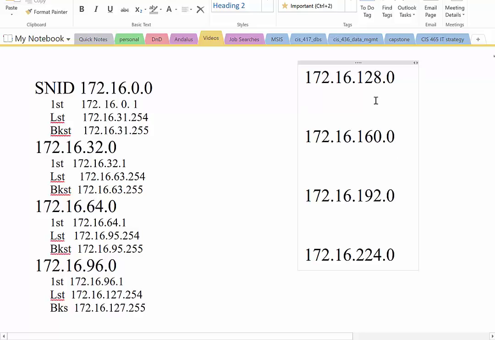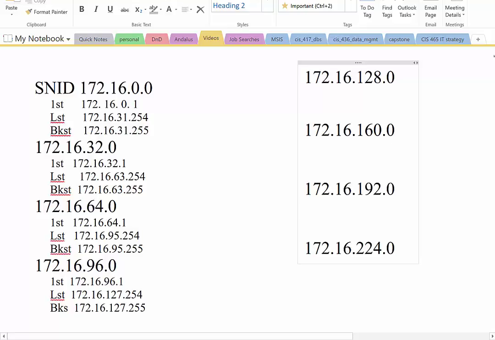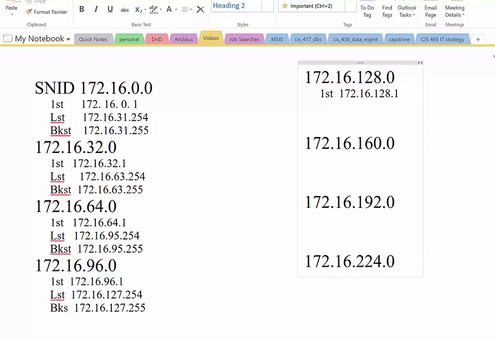All right, now let's jump on over here to the right hand side, and I am working on the fifth subnet, 172.16.128.1. Oh, I forgot to put that there. This is my first usable address.